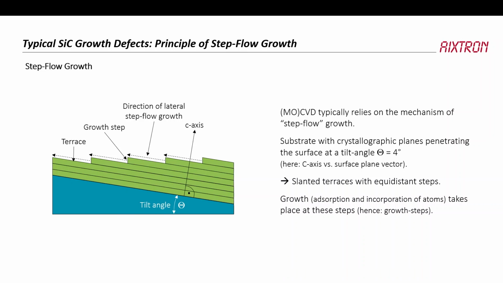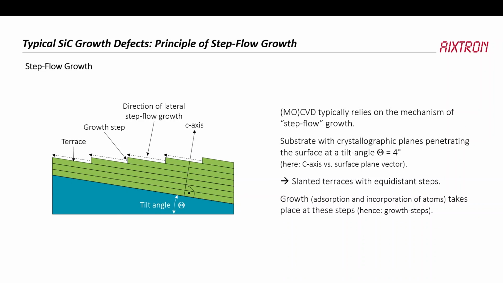This is why the terraces, for instance, should not be too big, because if they are too big, then I'm an atom, I come along, I linger around, I think, oh, this is a nice place, I'll just settle down here. And then I start growing an island. And this island will not actually take over the same lattice parameters as I want to have. I want to have 4H. But as we know, 3C is always around the corner, and 3C actually spoils our device.